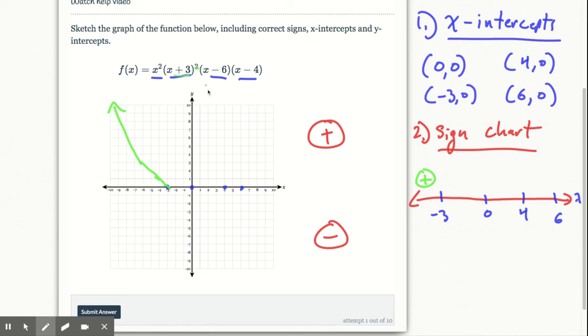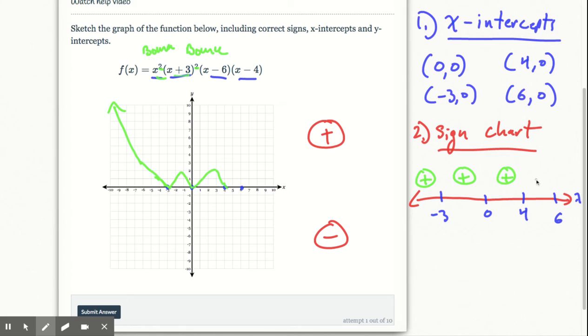Notice we have an even multiplicity root, so the function is going to bounce, meaning it's going to stay positive between that and the next x-intercept, so it should come up like that, right? It comes back down for the next intercept, which is again an even multiplicity root, which means again that we should get a nice bounce, which means that our function will stay positive between 0 and 4, right?